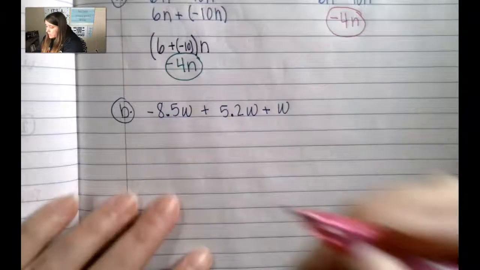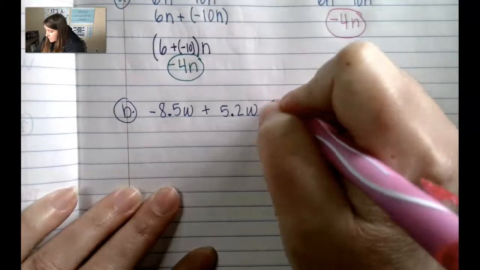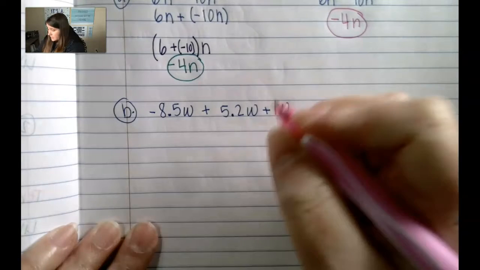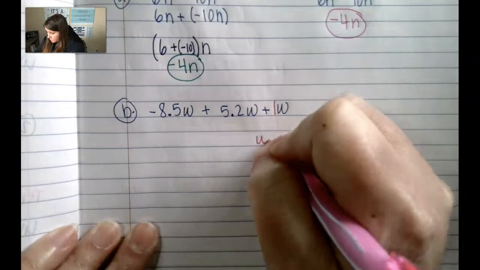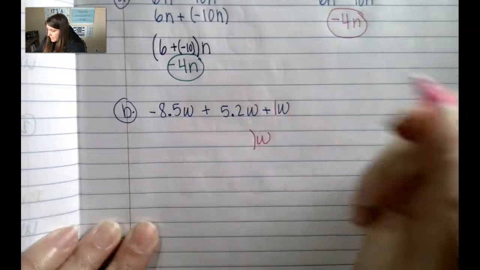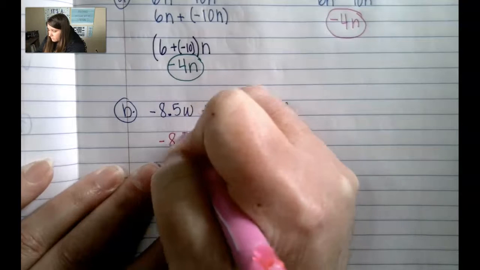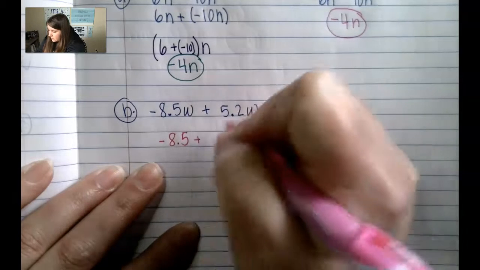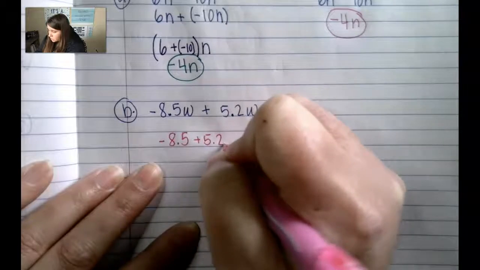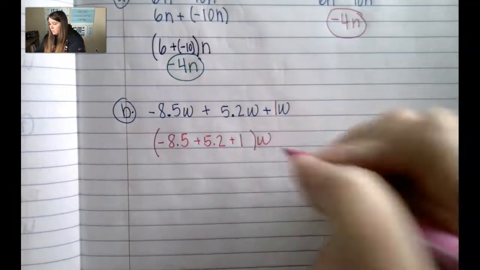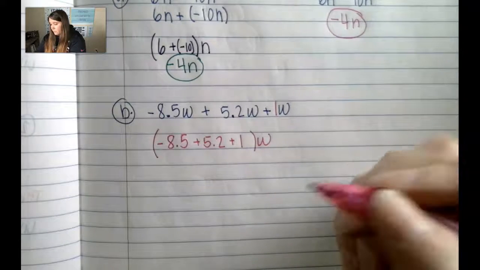This w has an invisible 1 in front of it. If I just want to focus on the numbers, I can pull the w out and worry about the numbers on the inside. So I have negative 8.5 plus 5.2 plus 1, all ready to solve.